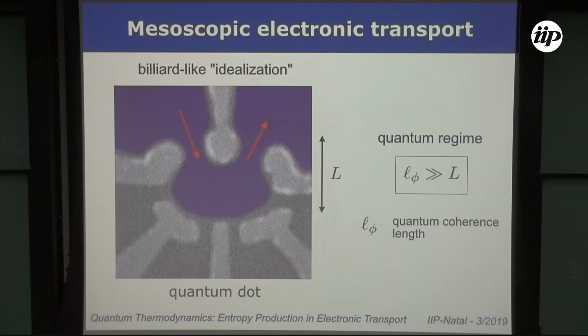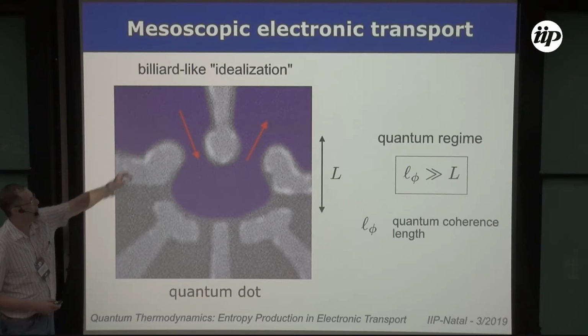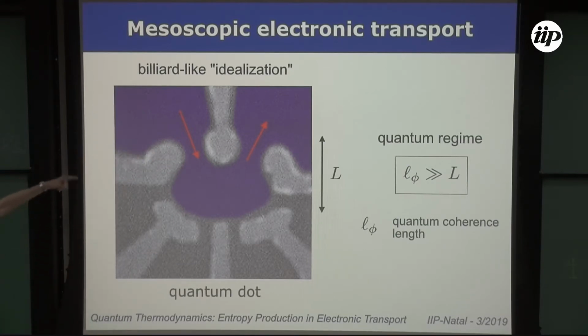My working tool here is an idealization of a quantum dot, a system where electrons are confined in this blue region, and by applying some kind of bias or difference in temperature, electrons are injected through these red arrows and are collected at the other side.